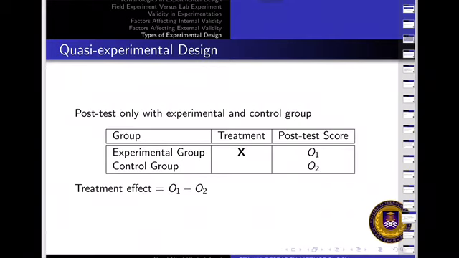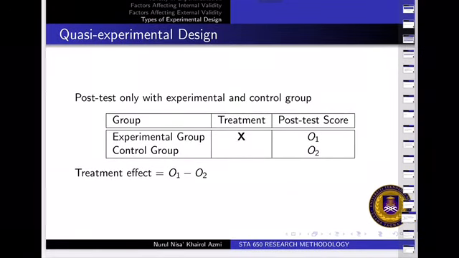Ataupun contoh lain, another example, the performance between group M dengan group T contohnya. Without your knowledge, saya ada bagi extra coaching to the specific group. So saya tak tengok markah sebelum, saya cuma ambil markah masa hujung semester nanti.